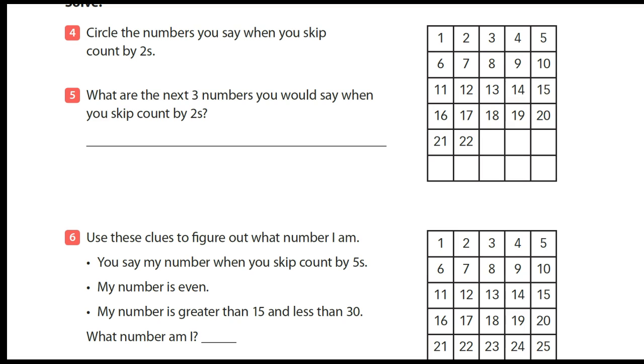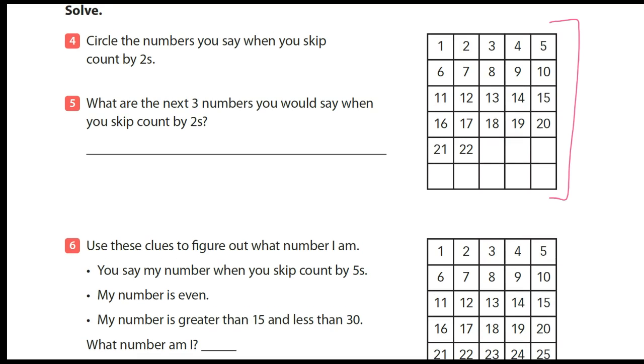Go to the 4 and 5. Okay, 4 says circle the numbers you would say when you skip count by twos and using this chart right here. Then it says write the next 3 numbers you would say when you skip count by twos. All right? Gonna do that for me, please. So it says circle the numbers you would say when you skip count by twos.